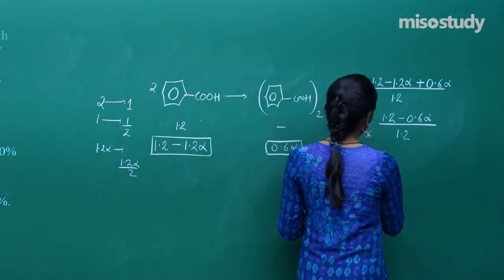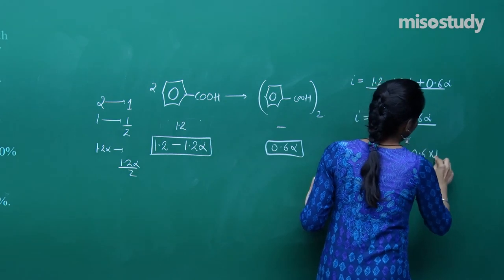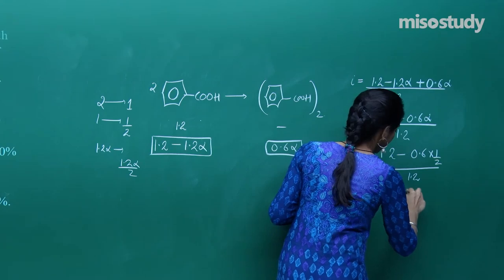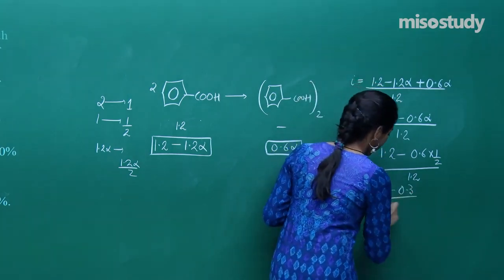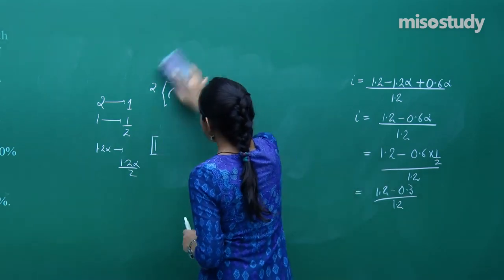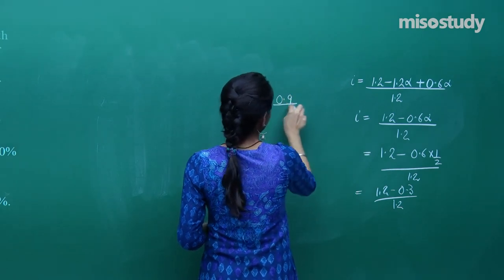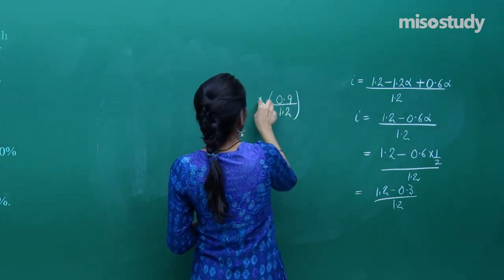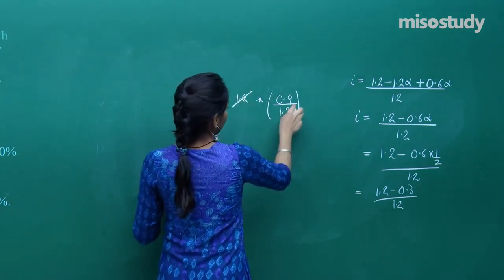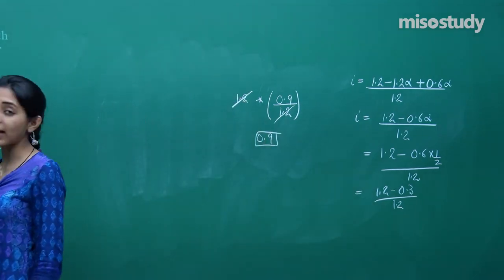So alpha is 1 by 2: 1.2 minus 0.6 into 1 by 2, that is 1.2 minus 0.3, divided by 1.2. If I further solve it, I will get 0.9 divided by 1.2. This is the value of i. If I ask you to multiply it with C, which is 1.2, again the value of iC is coming out to be 0.9. So even this is isotonic.